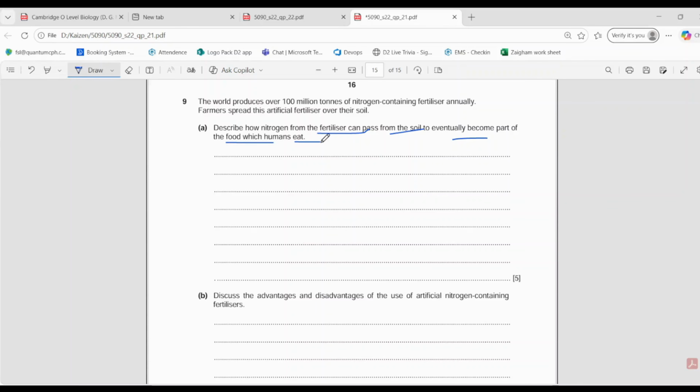Correct. Discuss the advantages and disadvantages of artificial nitrogen containing fertilizers. That is eutrophication in very detail. Okay, this is a disadvantage.